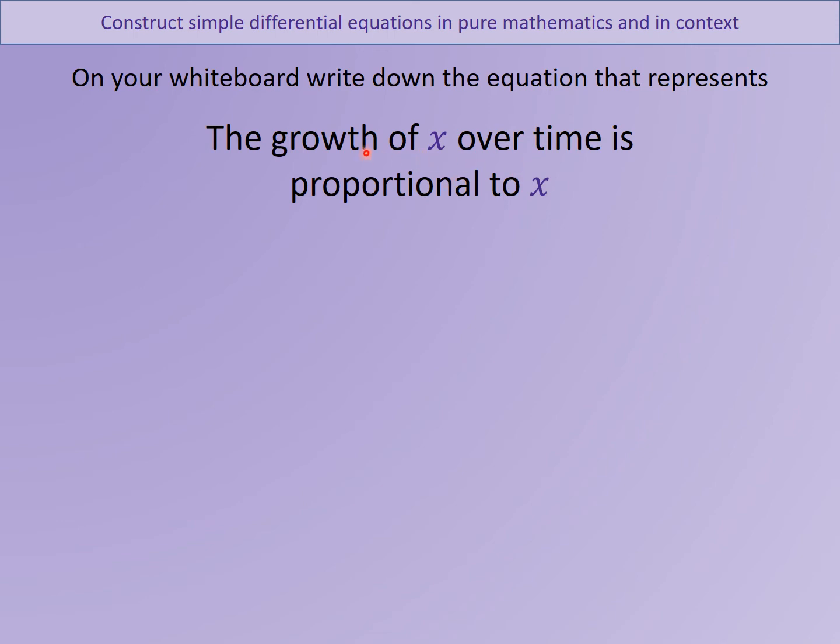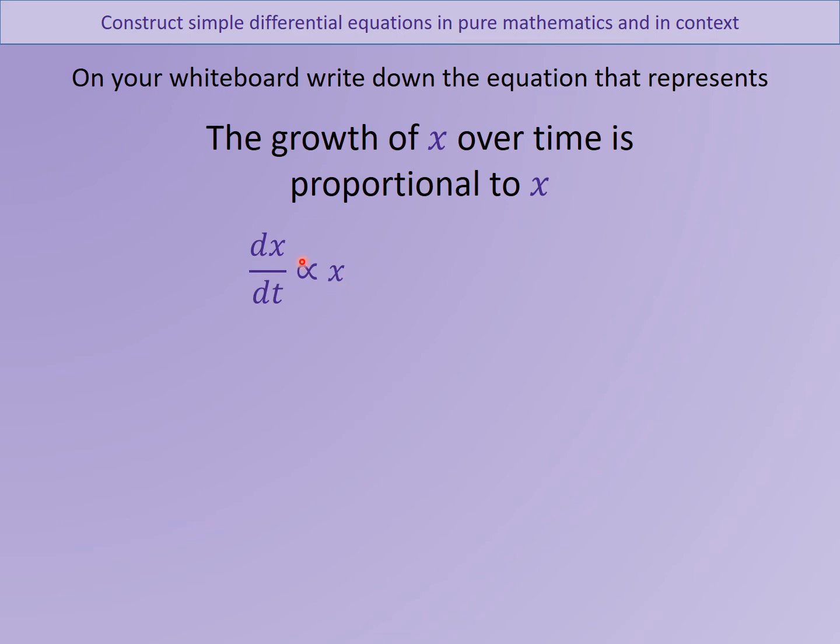Now I know how to write change in y over change in x. I write that as dy over dx. So if I'm looking at change in x over the change in time, I'm thinking dx over dt. Change in x over the change in time. And I know that's proportional to x itself.